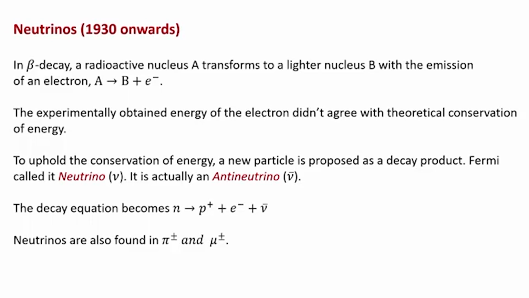So, conservation of energy is still valid, and he called it the neutrino. It is actually an anti-neutrino, and in modern terminology this decay is written as neutron going to p plus e minus and an anti-neutrino. Neutrinos are also found in the decay of pi mesons, pi plus minus, and mu plus minus.